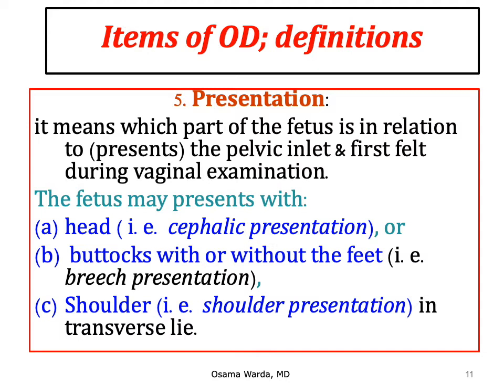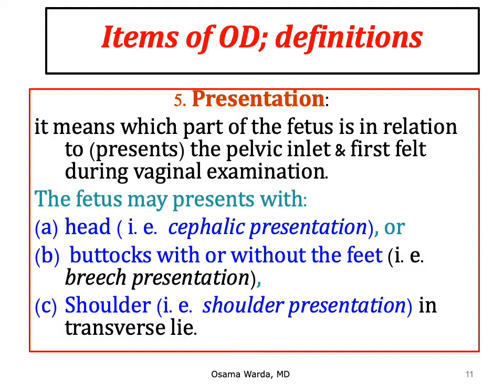If the fetal head is fully extended, the fetal head part that presents to the pelvic inlet is the face, and so it is a face presentation. The bony landmark of the face is the fetal chin or mentum.